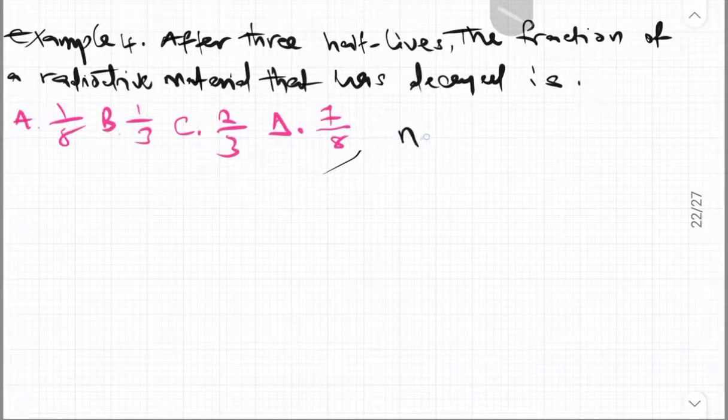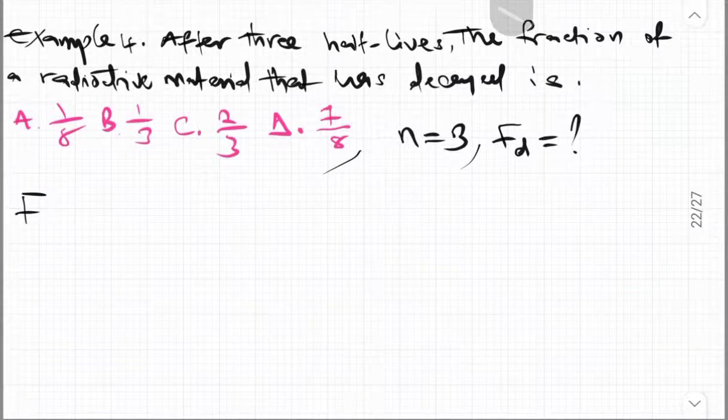After 3 half-lives, n is 3, right? The fraction that decayed, of course, from the formula given in the last video, we said the fraction that decayed is actually equal to what?